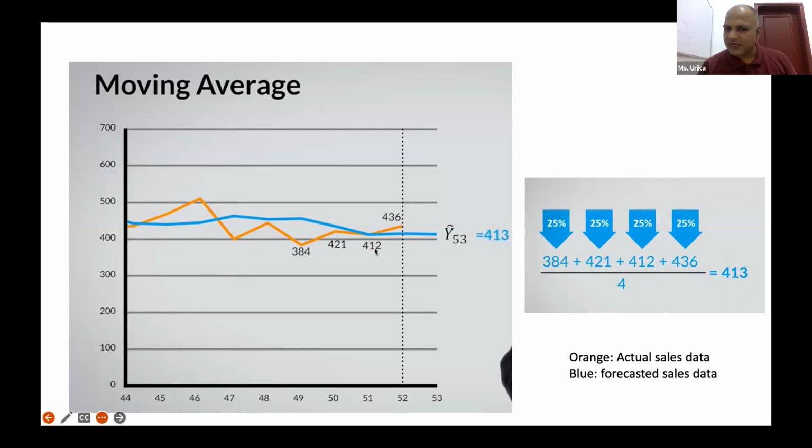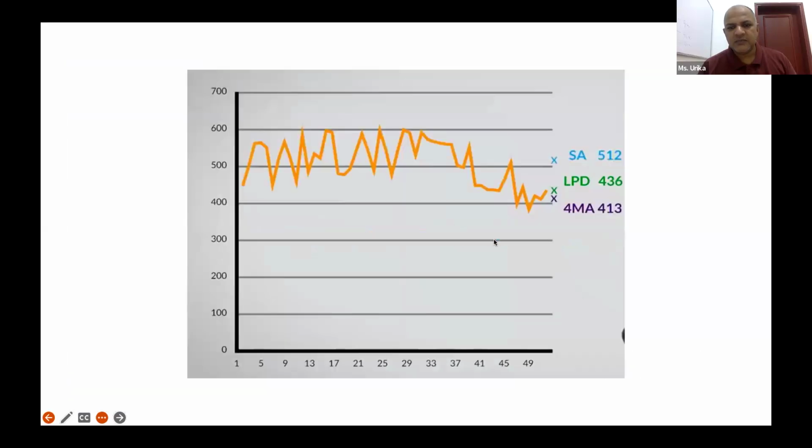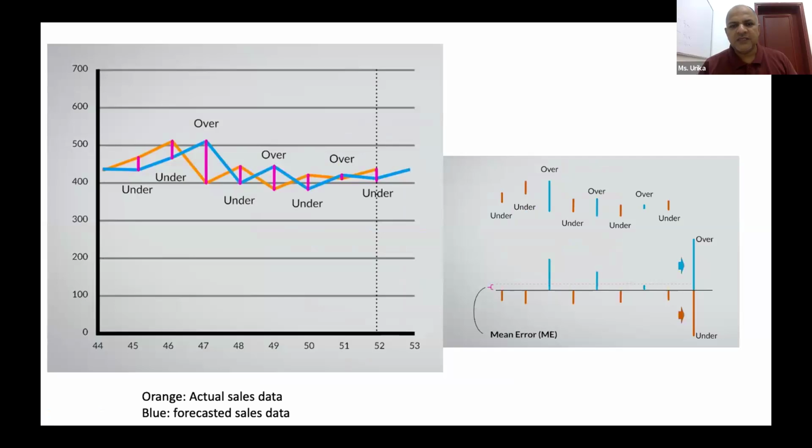One difference is fine, but here the difference is 30. You have to subtract from 437. 413 minus 436. Can you calculate? You're having differences, you understand?